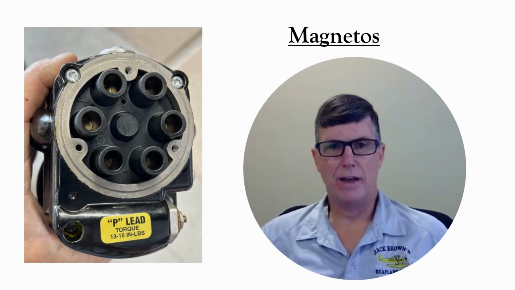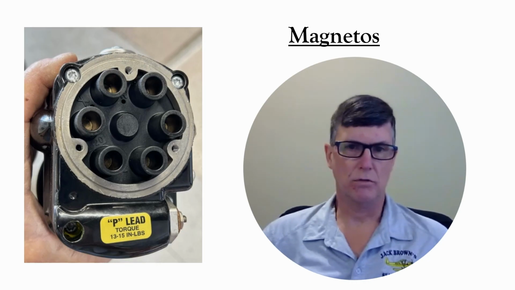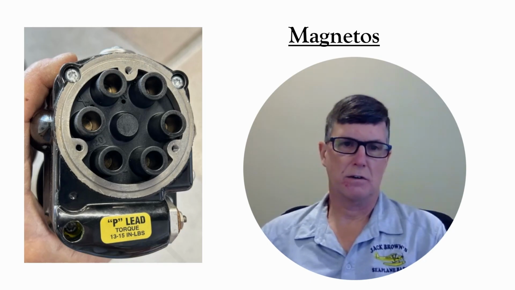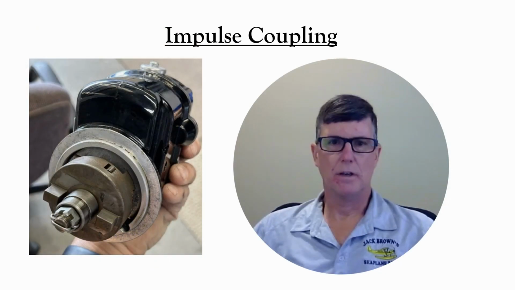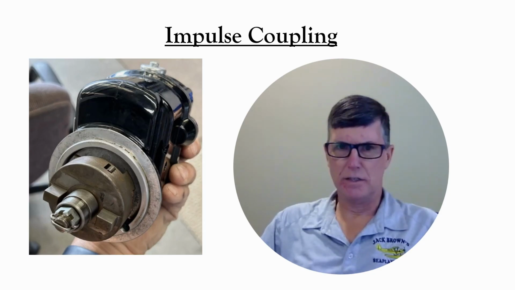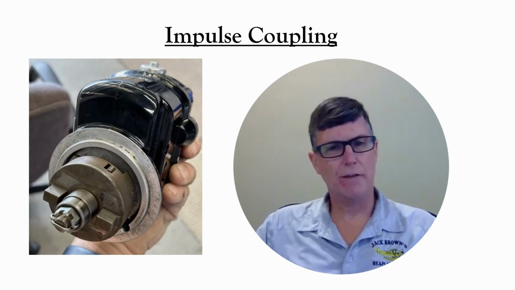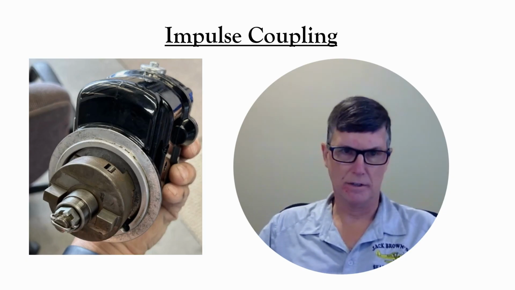Some aircraft have a separate on-off switch for each magneto. In other aircraft, the magneto switches are part of the key. Since a magneto is powered by the engine, and the engine needs the magneto to be working to run, we have a bit of a chicken and egg problem when it comes to getting the engine started.